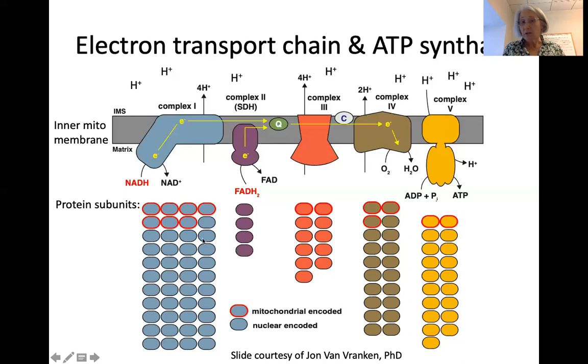And there's also lots of nuclearly encoded enzymes in this process. So if you have a mutation in the mitochondria, if it affects you, it's because it affects the electron transport chain or ATP synthase. You can also have a mutation in nuclearly encoded genes that also affect these processes.